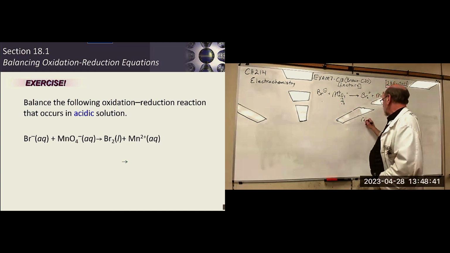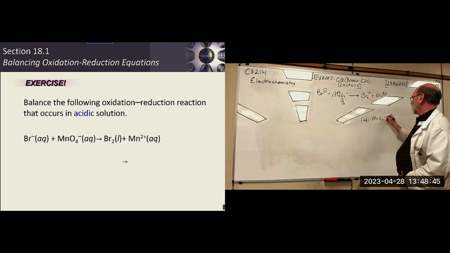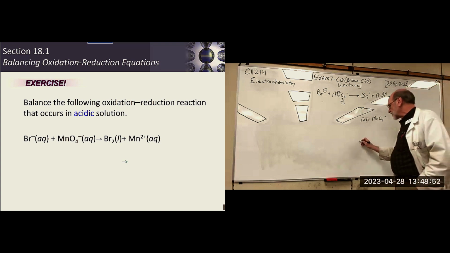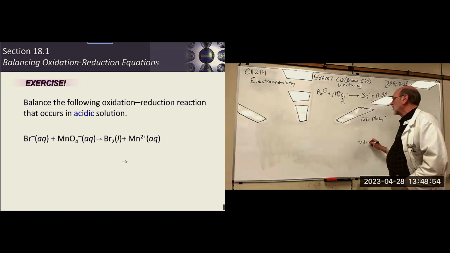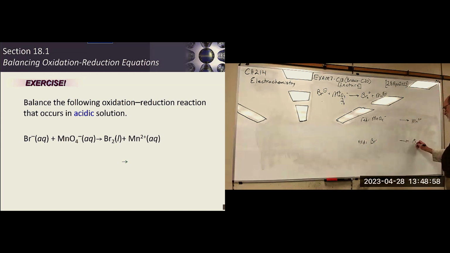So the reduction step is MnO4 minus yields Mn2+. And the oxidation step then must be Br minus yields Br2. Okay.